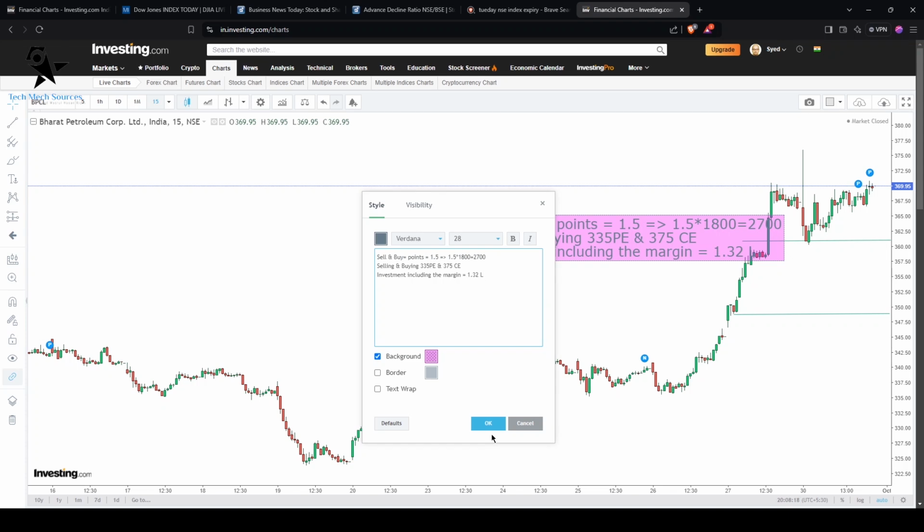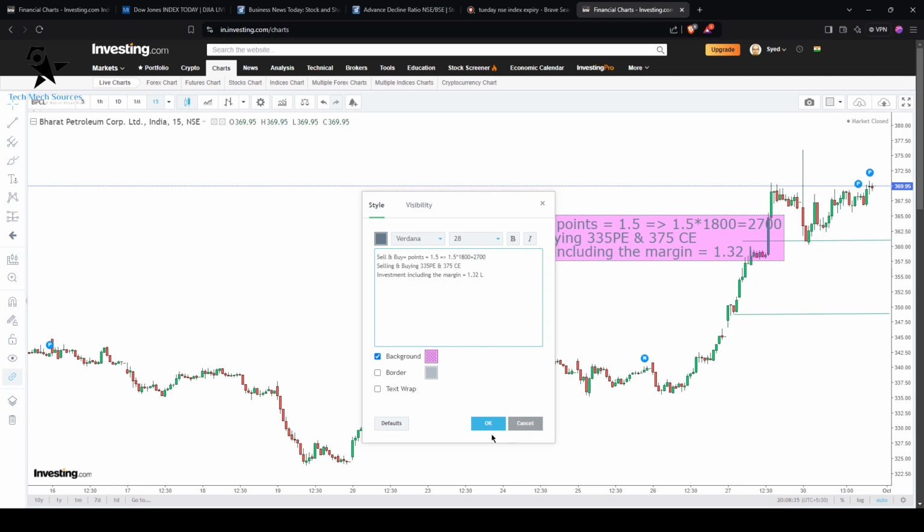So if you divide 2700 by 1.32 lakhs, you can get easily how much. Let me divide it and tell you the result.